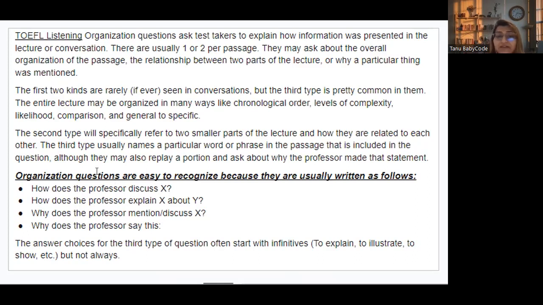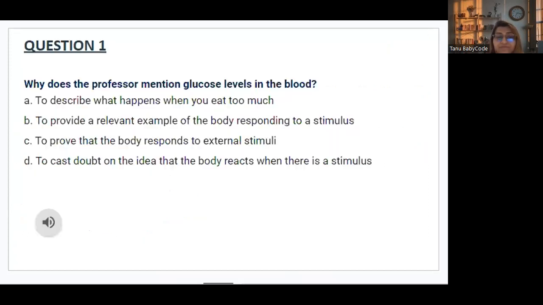You can see that these are easy to recognize because they are written as follows. How does the professor discuss? How does the professor explain X about Y? Why does the professor mention or discuss X? Why does the professor say this? So it's easier for you. If you know these phrases, then you can easily recognize the organization questions.